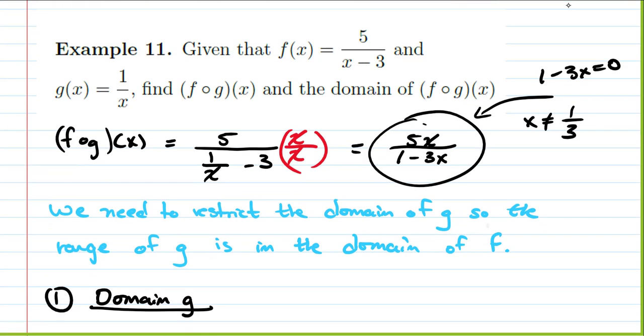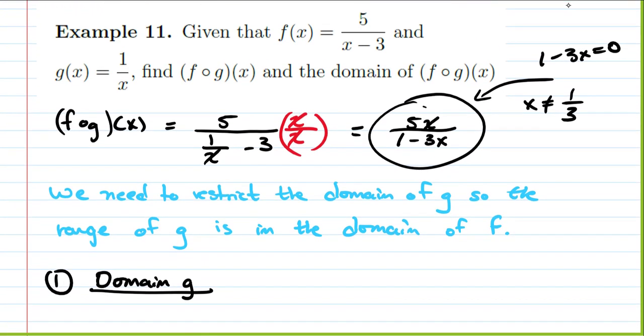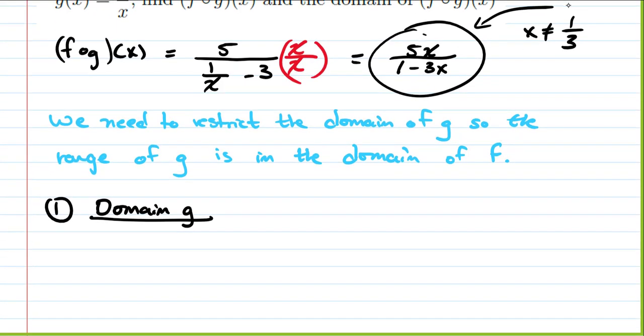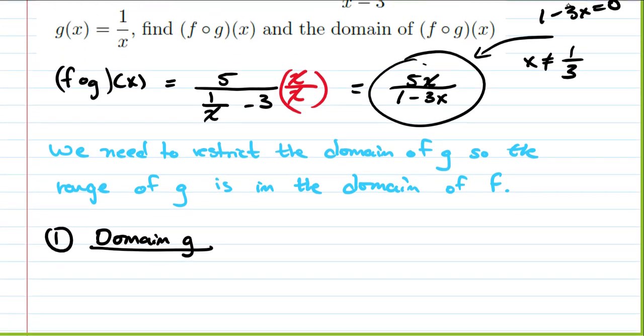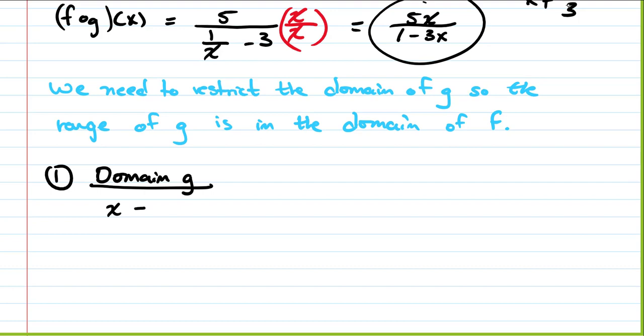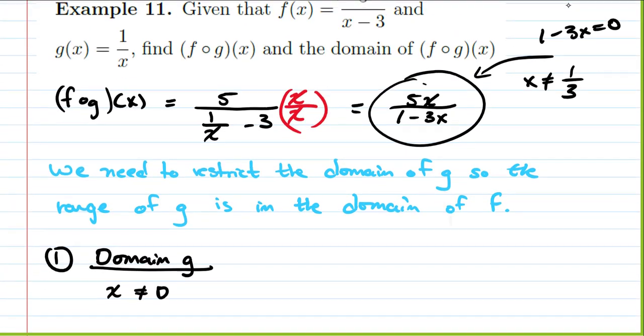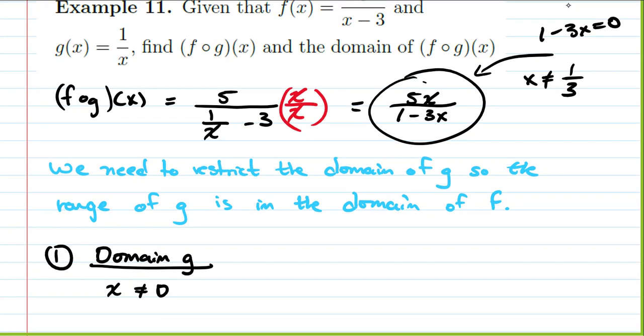So we look at G, and G is the function 1 over x. So what is going to be our domain of G? Well, we have a rational function, so the denominator cannot equal 0. And that happens when x equals 0.